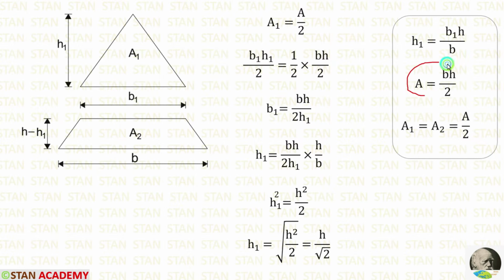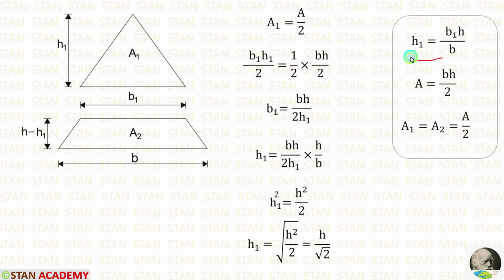We already know the total area. The total area by 2 is equal to 1 by 2 into bh by 2. Here we can cut this 2 and 2 and take the h1 on the right side, so it will go in the denominator. So b1 is equal to bh by 2h1.